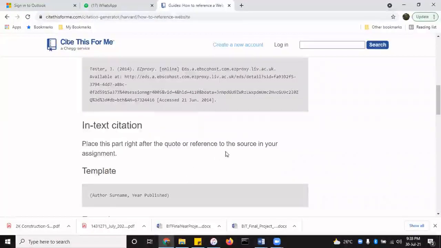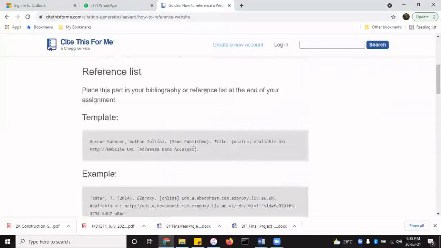Then when you come to the reference list itself, you cite the whole thing, which will have the author's last name, their first name initials, the year of publication, title, online, available, the address, the URL, and then the time you accessed it. So it has all the information over here. Spend some time here. You'll find all the hidden reference styles and the examples, so you can also use them in your write-up, okay?